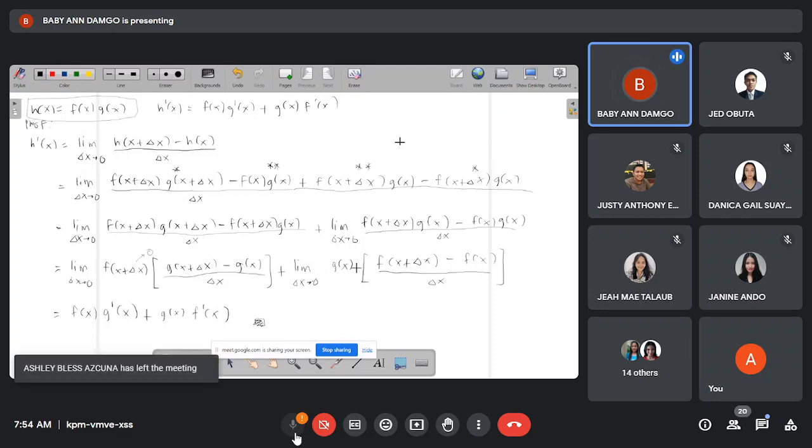Plus, so kani, gi-copy ra ni nato ang g of x kay this is not affected because this is constant ang x with respect to the change of x. Times, so kani, this is just the derivative of the function f of x. Okay? Nasabtan, class?